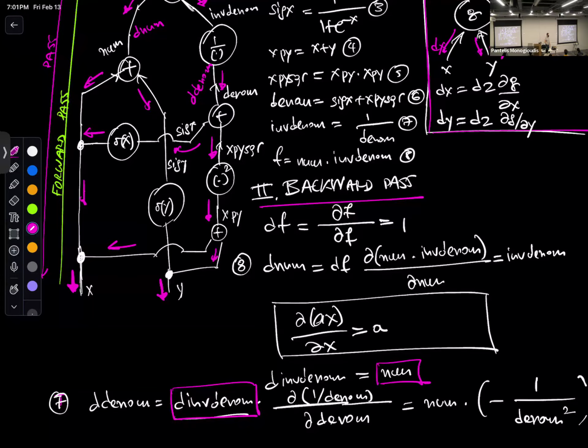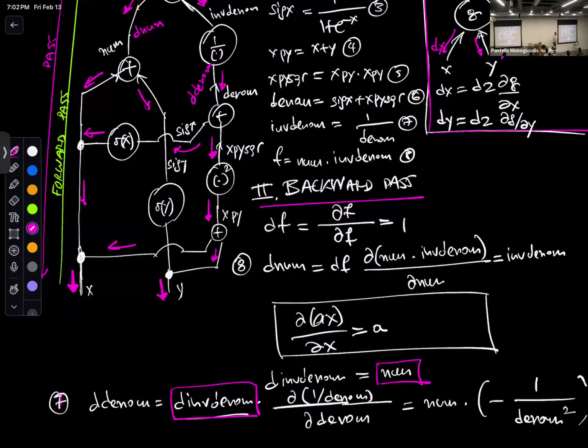Just like when I was looking up a lookup table, I was telling you what is the solution. We can actually say, if I have an upstream gradient, what is the function for that specific gate that will produce a downstream gradient? That function is symbolically pre-calculated. Here's your solution.